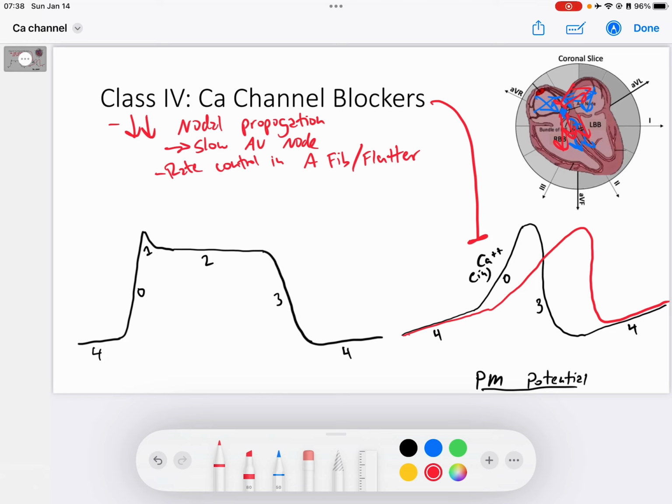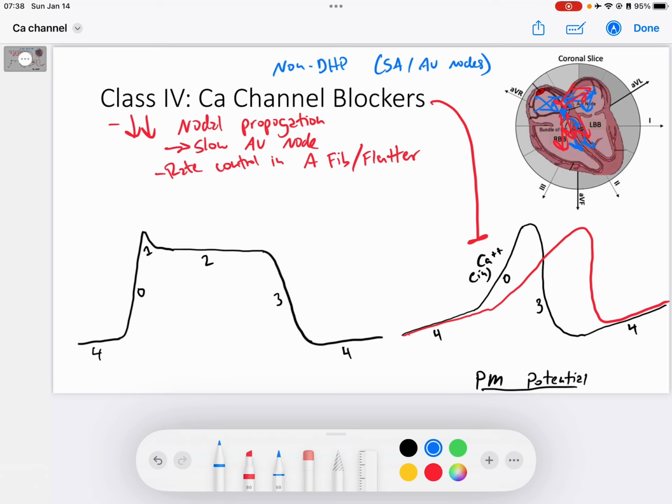And so we can slow that down by blocking these calcium channels that are specifically located in these nodes. We call these non-dihydropyridine calcium channels. These are the ones that are specifically on the SA and AV nodes. And so that is going to decrease the conduction of our nodal cells.